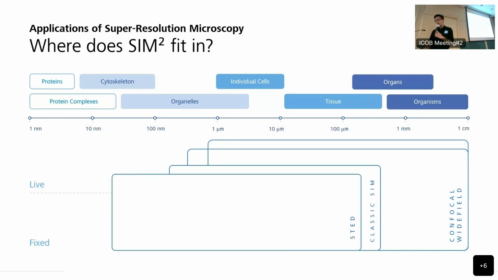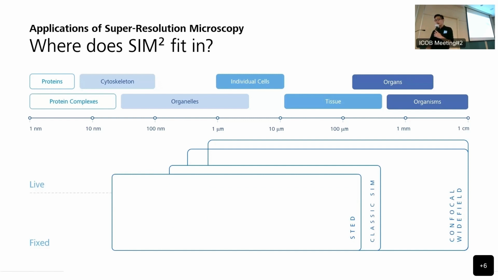So here come other techniques. We have the classic structured illumination, and also stimulated emission depletion. Sorry, I forgot the whole name. This is also another super resolution technique, and it is right now owned by Leica.